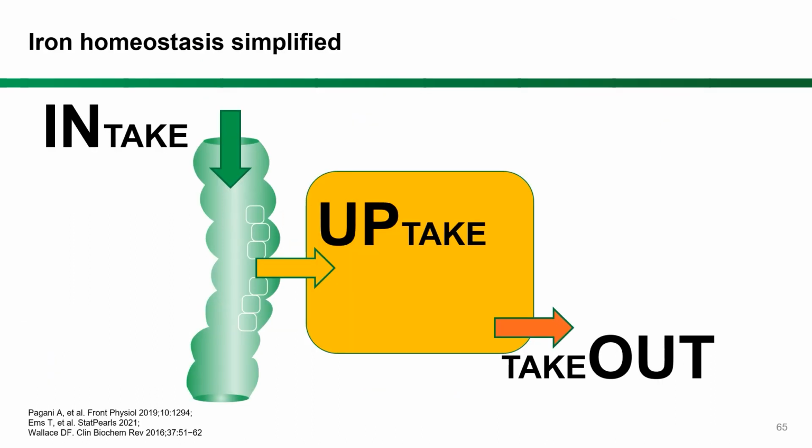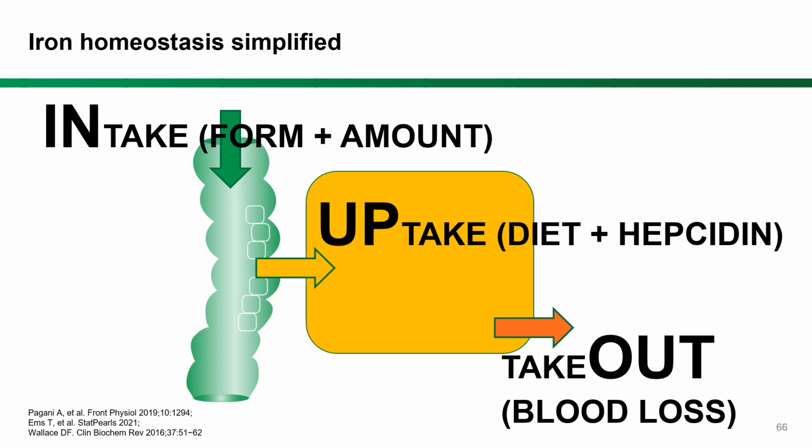So we have said to each other so far that there are important factors in iron metabolism, such as intake, uptake, and also iron loss. In simple terms, it's important to take note that intake is very important, both in terms of the form of iron and the amount. We mentioned spinach versus red meat.